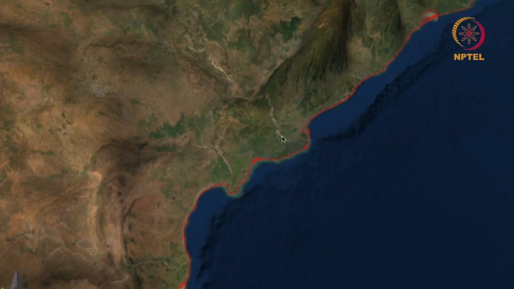So when you have a delta, you'll find that there is a large amount of deposition of silt in this area, which makes this area very fertile, and plus you also have a steady supply of water. So both of these together mean that in these flat lands you have a large amount of agricultural activity.